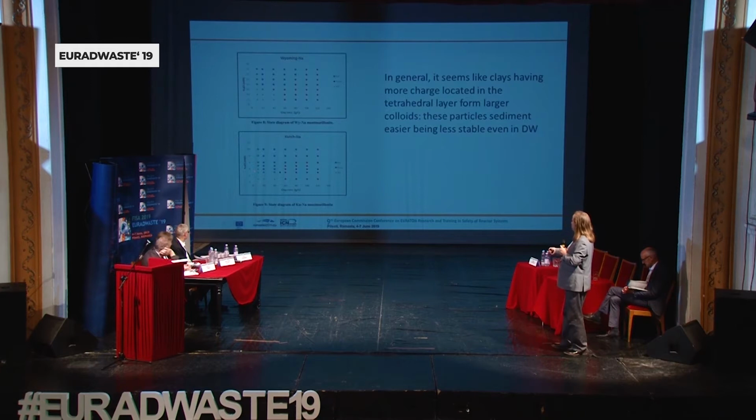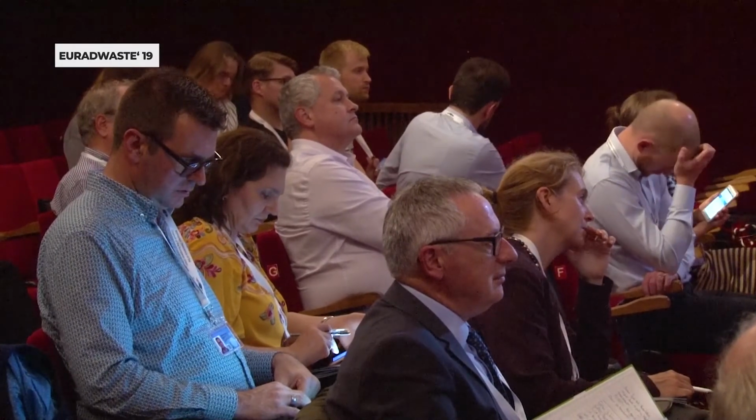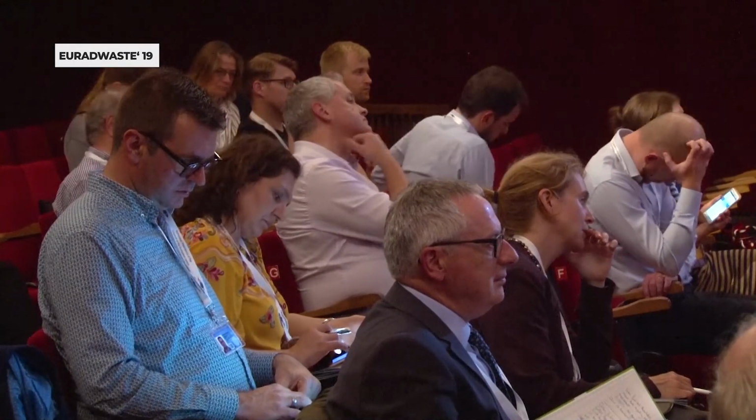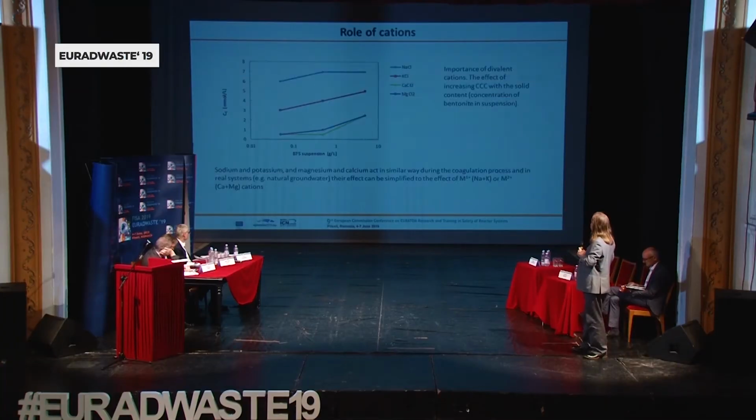If you manage to see the scale, you can see that the Indian clay is stable at lower concentrations. And the conclusion is it seems like clays having more charge located in the tetrahedral layer form larger colloids, and these sediment more easily and it's more stable.